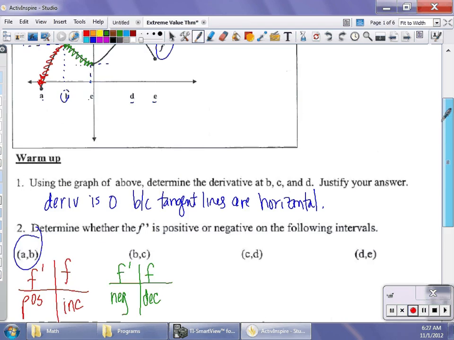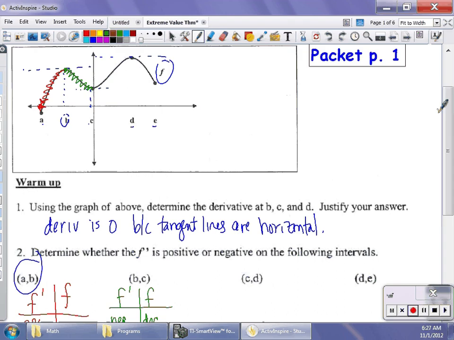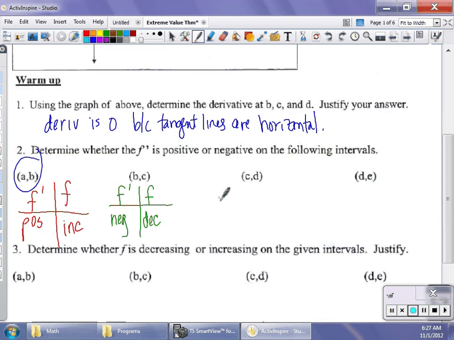Okay, let's take a look from c to d. If we travel from c to d, this interval right here, we can see the slopes of the tangent line change back to positive. So on that interval, the first derivative is positive, and the original function is increasing.